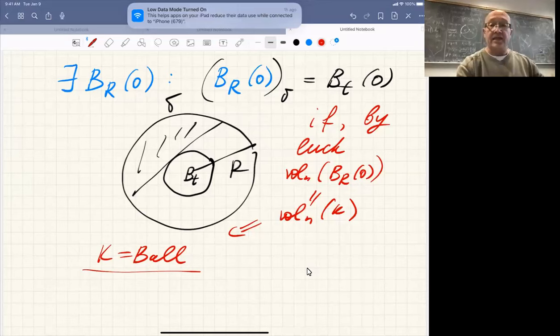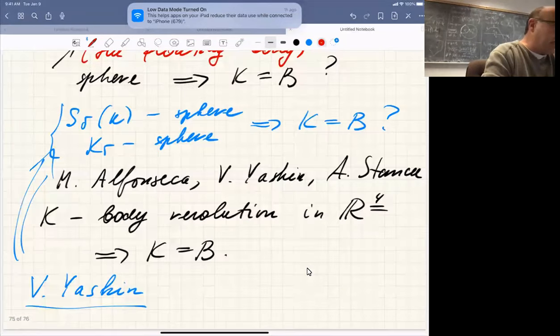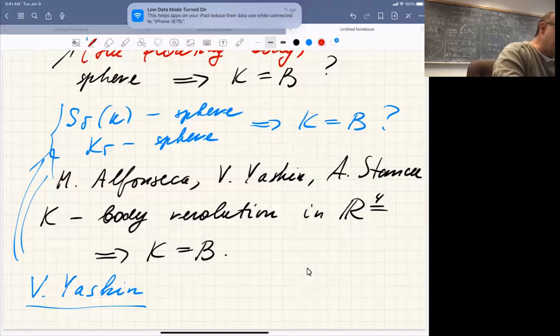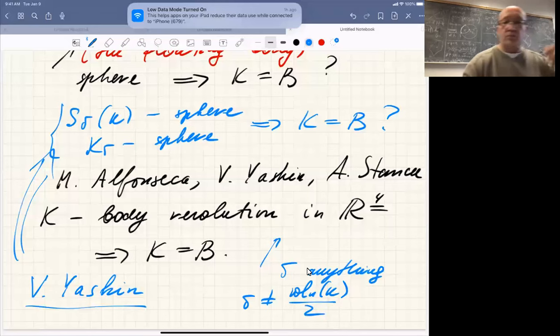Any dimension n. What I mentioned, 2 things, Pasha. First of all, if you have a body of revolution, here delta is anything, but not half. Delta is not half of the volume because then the floating body is a point. It's not interesting.